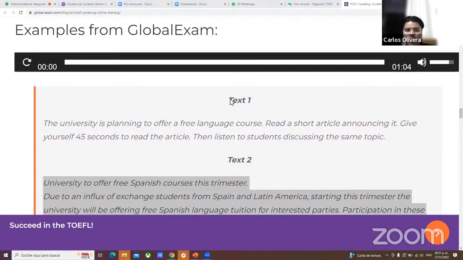Now, notice that in this conversation, there were 2 speakers, right? And just one of them was offering her opinion and offering reasons why he had that opinion. In this case, it was the female student.